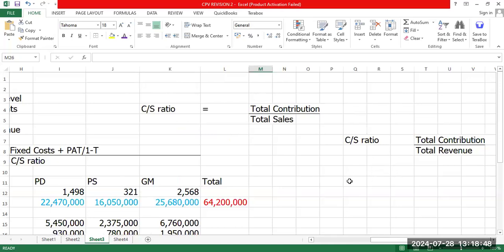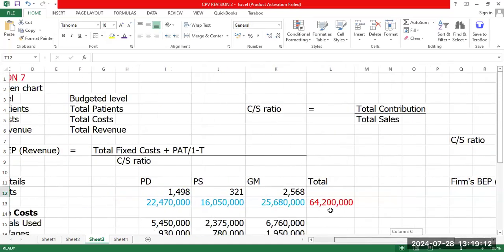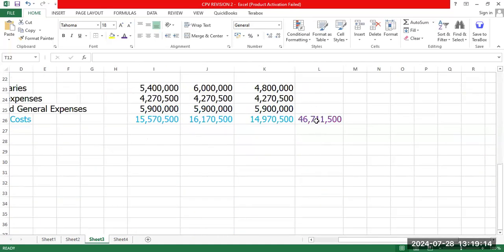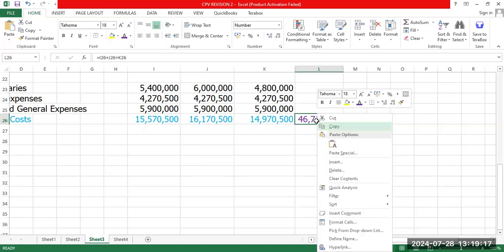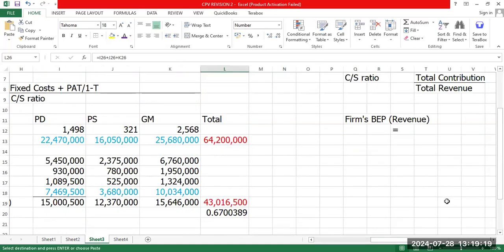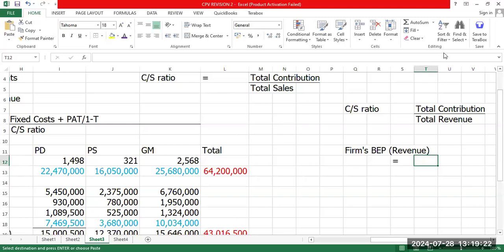So I can get the farm's break-even point in revenue in shillings, whereby I'm going to get my fixed costs, which is this one.